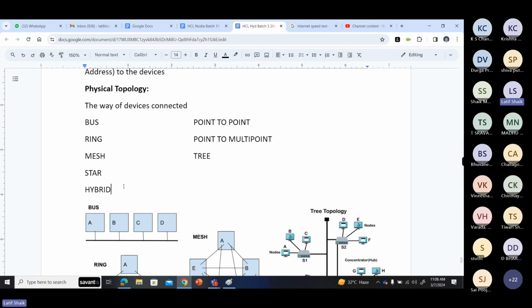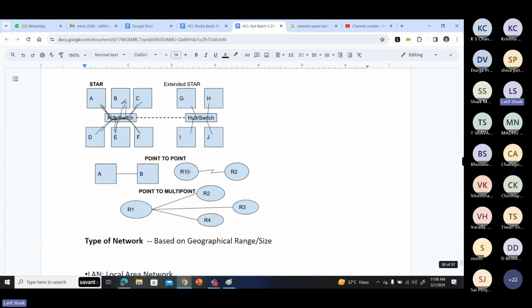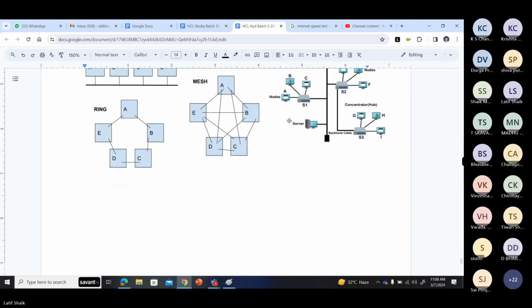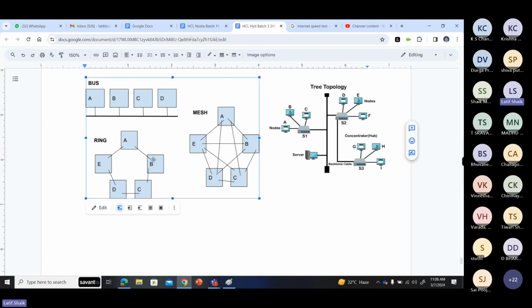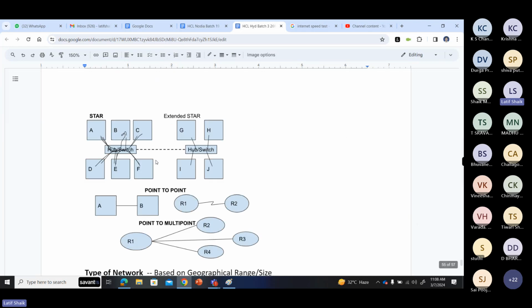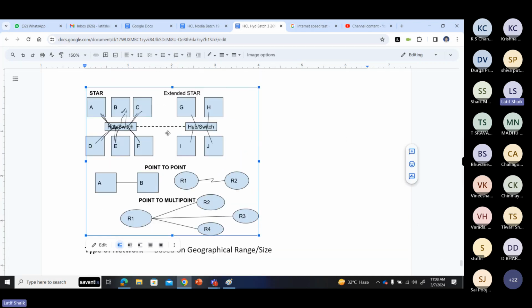Hybrid is a combination of two or more topologies. Some other topologies are given here too, such as tree and star.